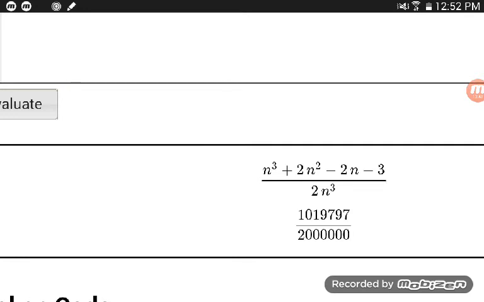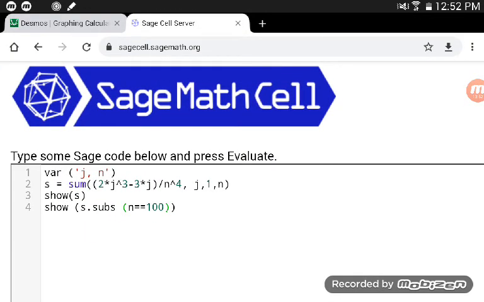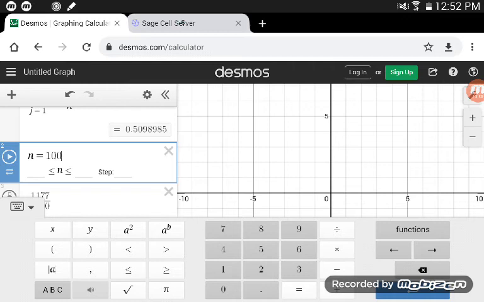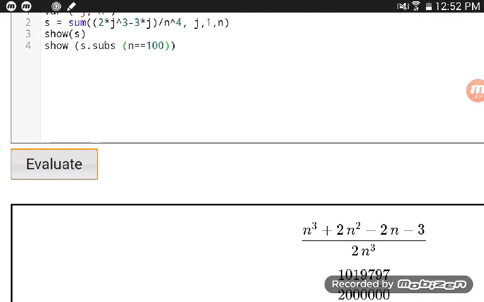Okay, so we can evaluate these things using the Sage Math Cell pretty simply, and also with Desmos. Now, what's really nice back here with the Sage Cell is we could do this summation up to n and actually get the formula, so the formula is right there.